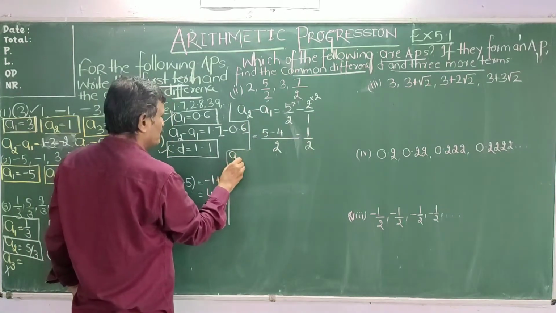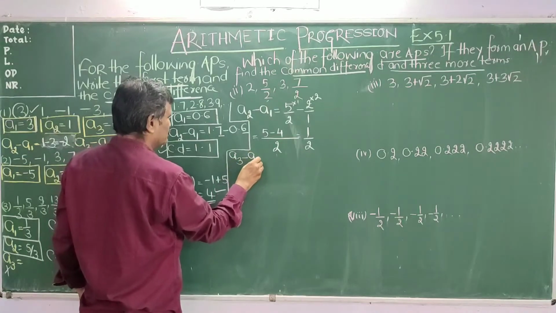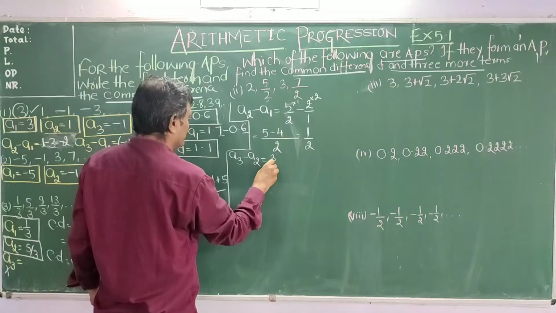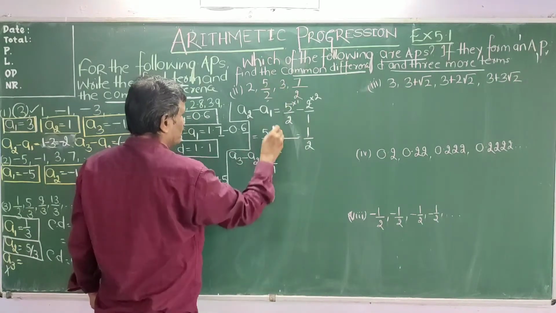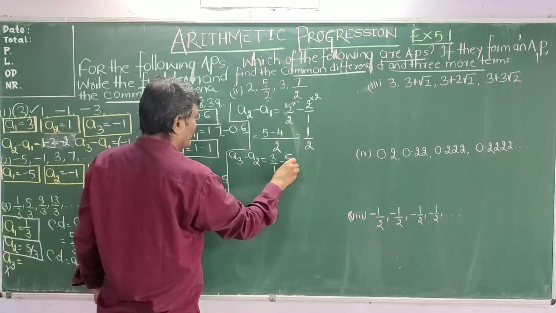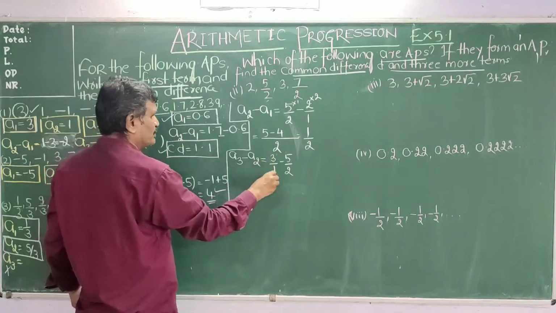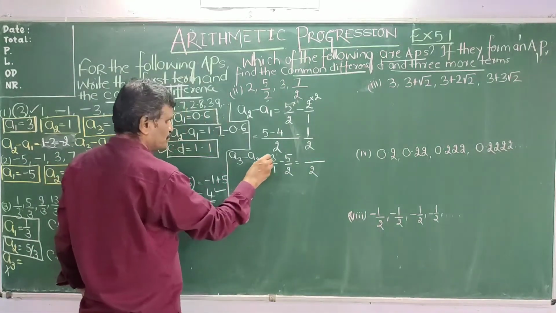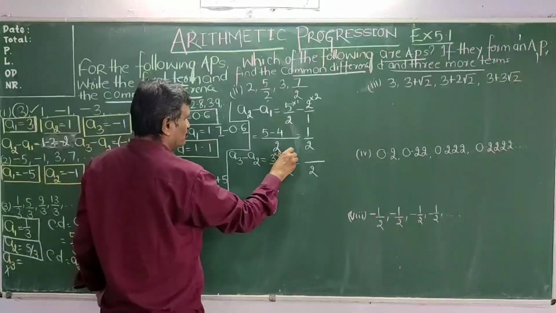Now let me find the difference between the third term and the second term. Third term is 3, that means 3 by 1 minus 5 by 2. If I take the LCM as 2, then 1 twos are 2, 2 threes are 6.